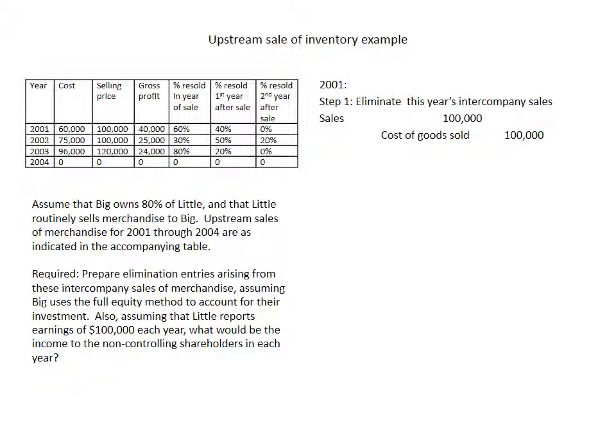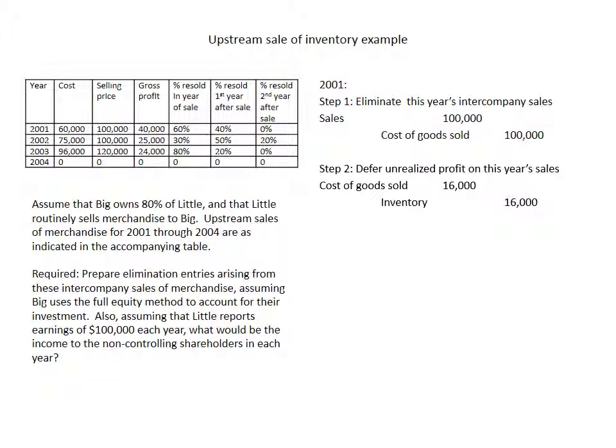If we stopped here, that would be a tacit assumption that all the merchandise had been resold to a third party, and that there's no overvalued inventory on our balance sheet. That's not the case though. Only 60% of the merchandise was resold to a third party. The other 40% is still on hand, which means we have to, A, defer the gross profit on the unsold merchandise, and B, reduce the merchandise inventory down to its correct value. 40% of the merchandise was unsold.